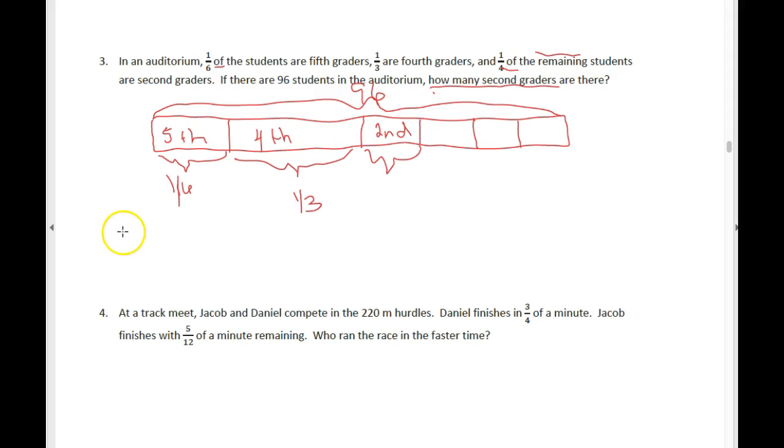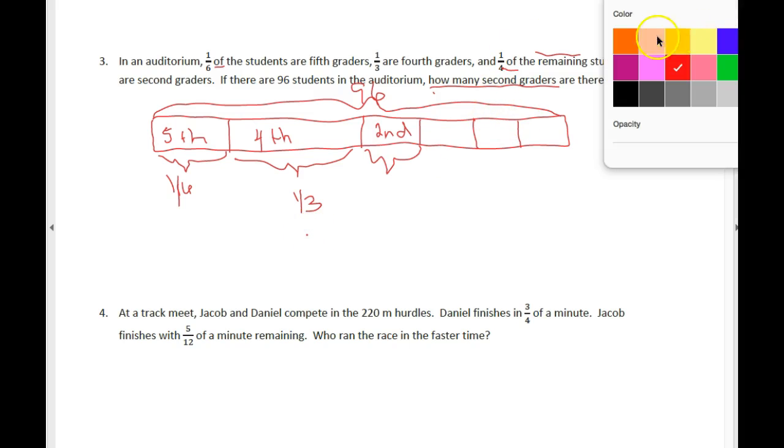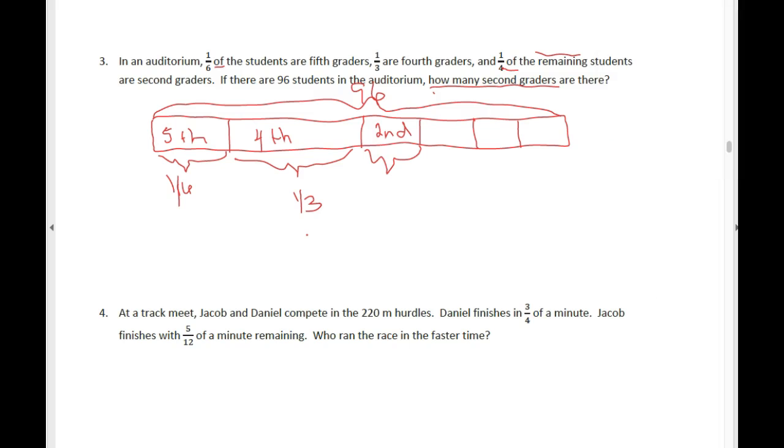So if this is 1/6, we're combining it with 1/3. That's easy. 1/6 can stay what it is. 1/3, let's turn it into 6. So as you guys remember, if you double one, you got to double the other. You got to be fair. So 1/3, if it's going to become sixths, 3 times 2, so 1 times 2.